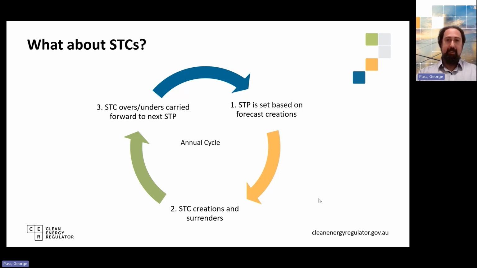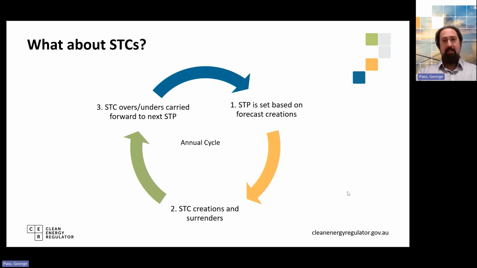But the STP is set each year based on the forecast rooftop PV installations for the year and the related STC creations. And it's such that all the forecast STC creations are used up in meeting the RET STP liability.